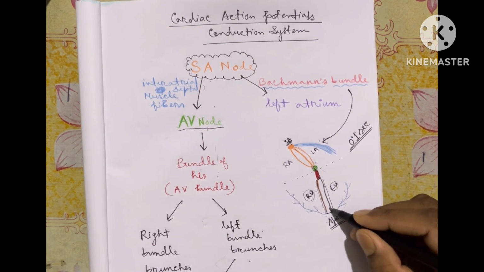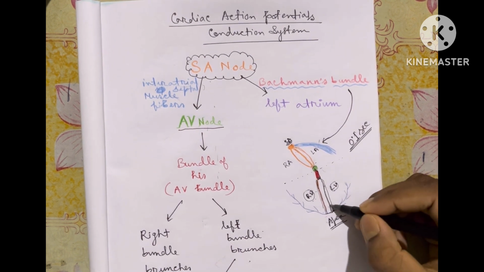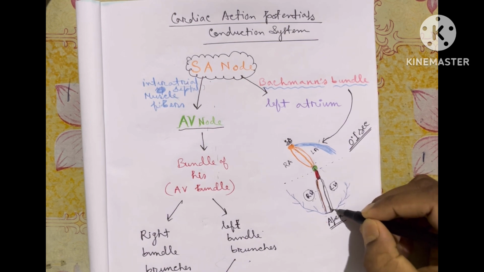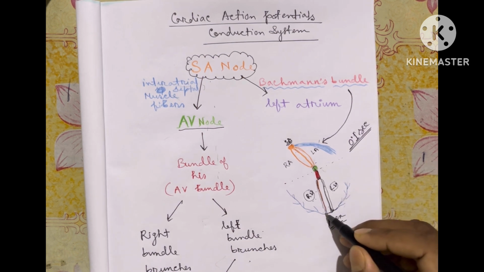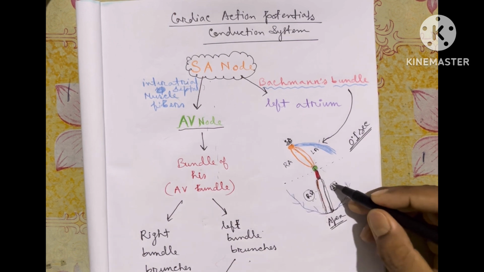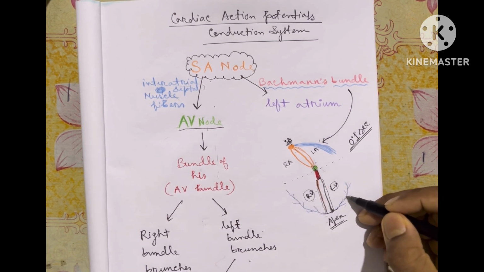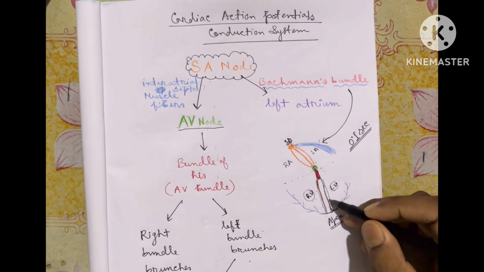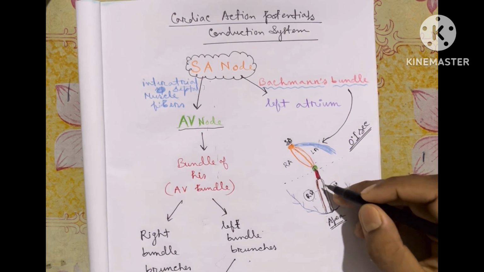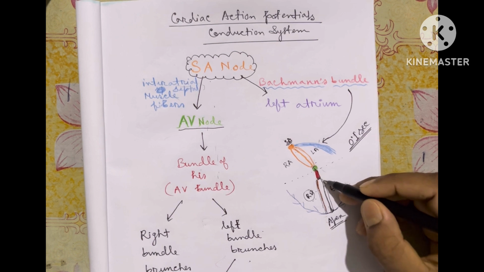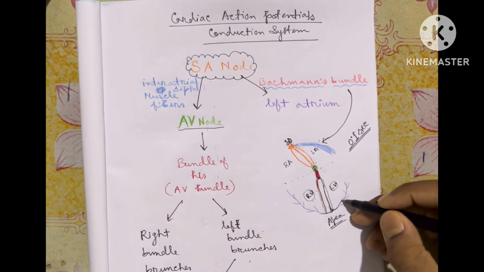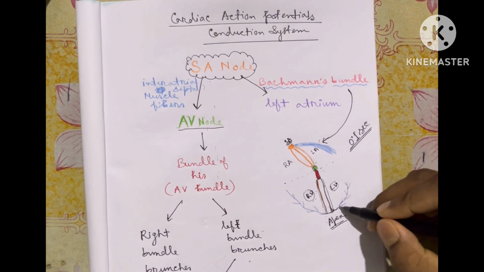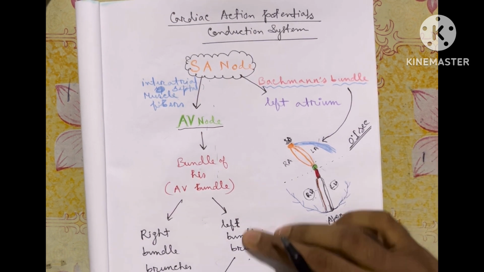When it reaches the apex, our left bundle branch goes towards the left side of the ventricular wall, and this is the right side of the ventricular wall. The left bundle branch delivers the signals it received from the bundle of His directly towards the left Purkinje fibers.